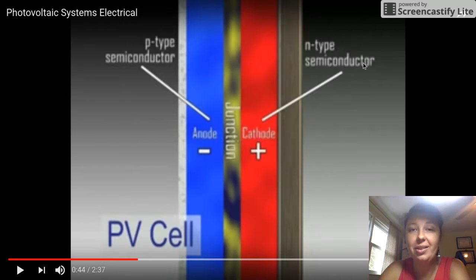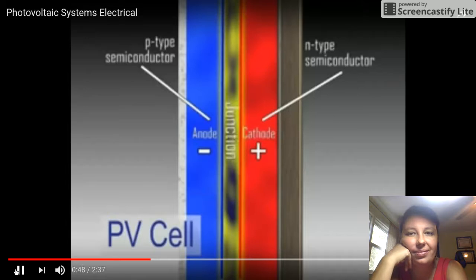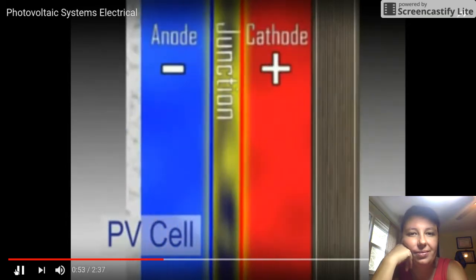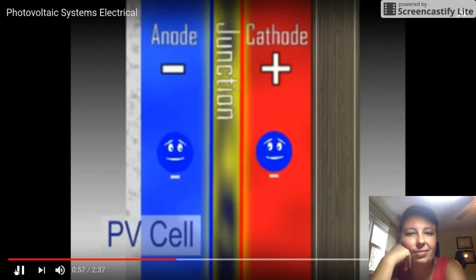Surfaces, positive on the cathode side and negative on the anode side. The junction only allows electrons to flow in one direction. When an electron, which is negatively charged, approaches the junction from the anode side, it first encounters the negatively charged surface and is repelled. But when the electron approaches from the cathode side, it first encounters the positively charged surface and is attracted.